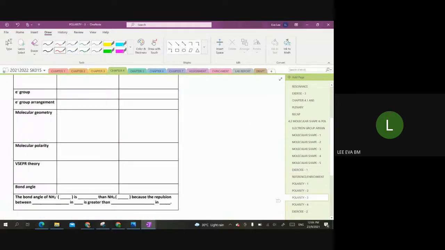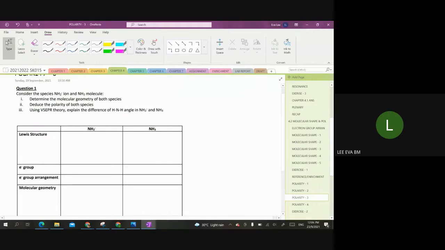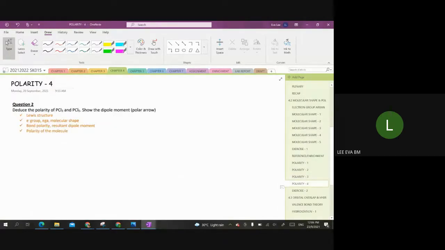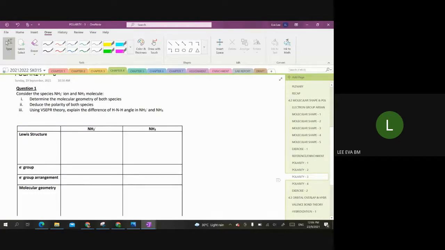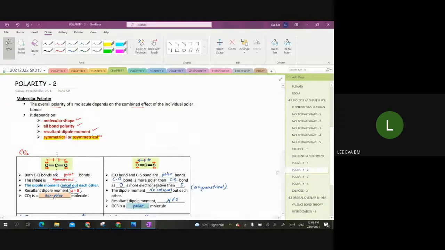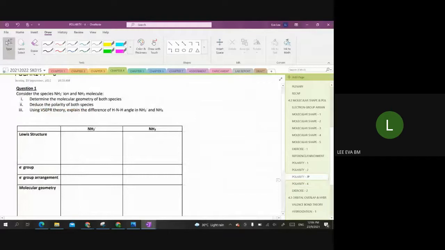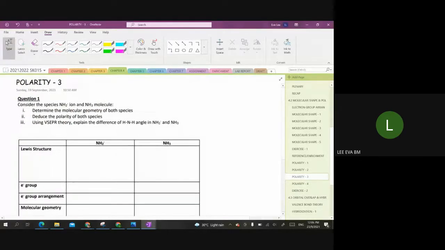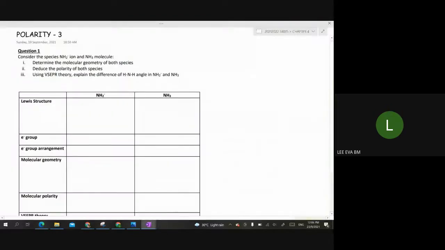Okay, so let's just try the next example. Okay, wait. So we try the example over here. So question number 1, consider the species NH2 negative and NH3 molecule. First, determine the molecular geometry. Second, deduce the polarity.